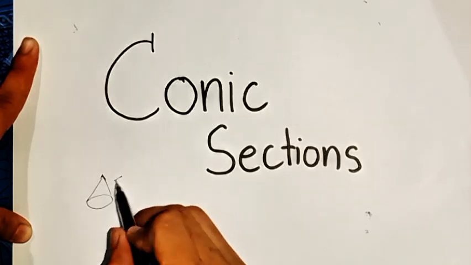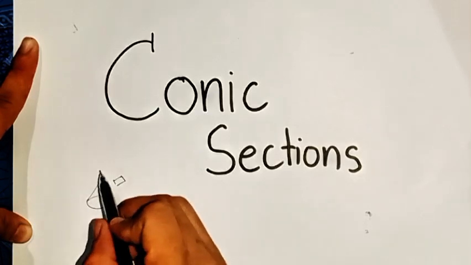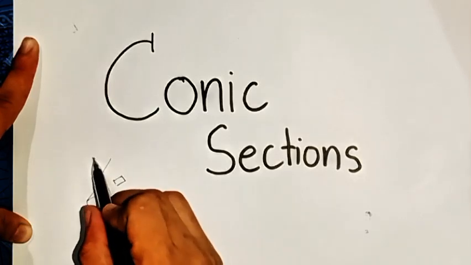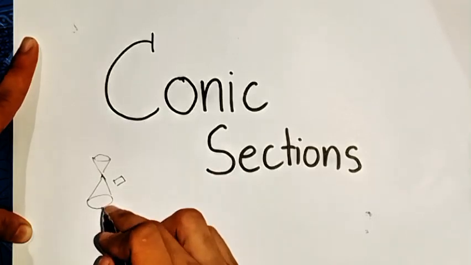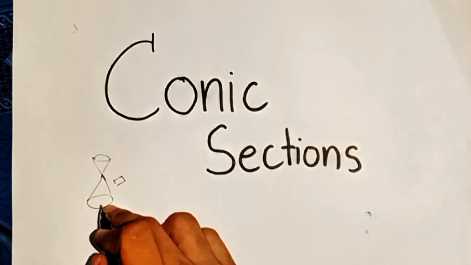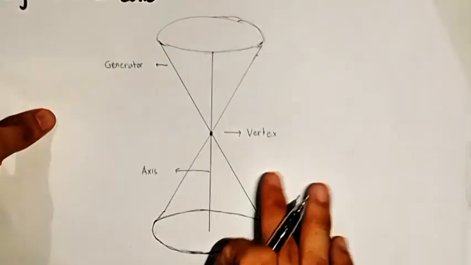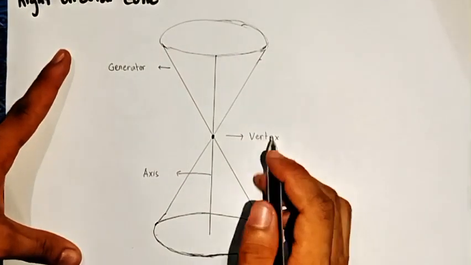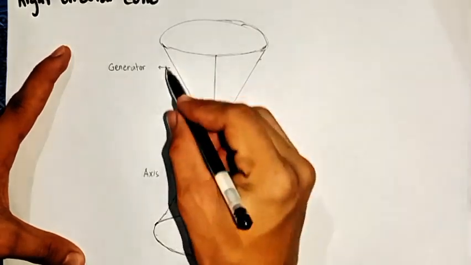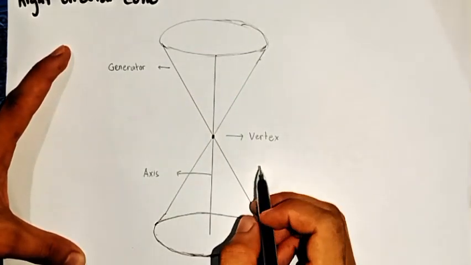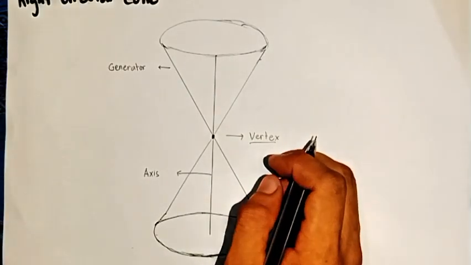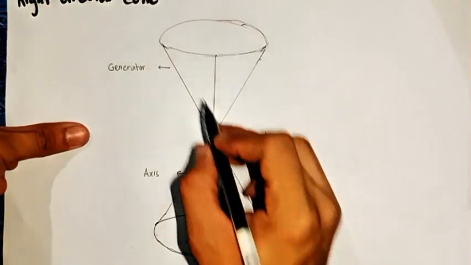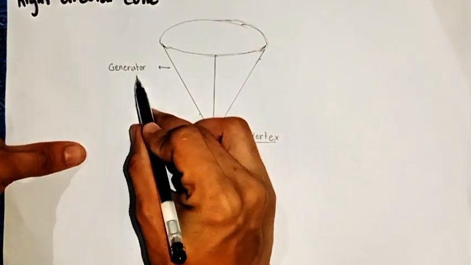Imagine that we have a plane, and if the plane intersects the cone, what we call the right circular cone, it can create a curve called the conic sections. Now, what is a right circular cone? A right circular cone consists of two cones joined together at a fixed point called the vertex. The line that rotates about the vertex is called the generator.